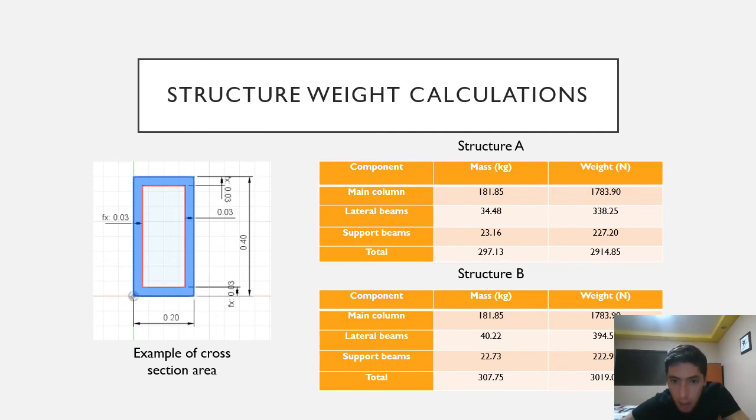So for structure A, we have the main column at 181 kilograms, and so on. The total weight of the structure was found to be about 300 kilograms in both cases.